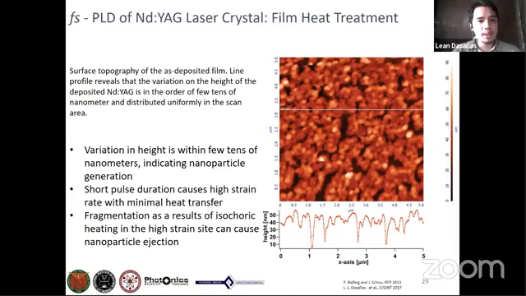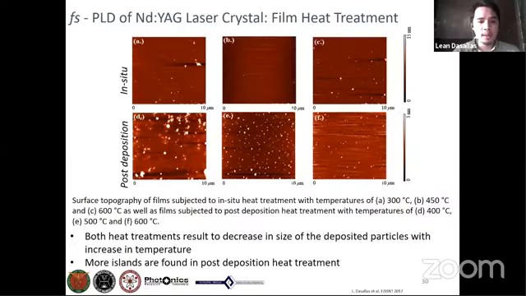So this is the surface topography of the as-deposited film, and we can see that the variation in height is within a few tens of nanometers, which indicates the production of nanoparticles.